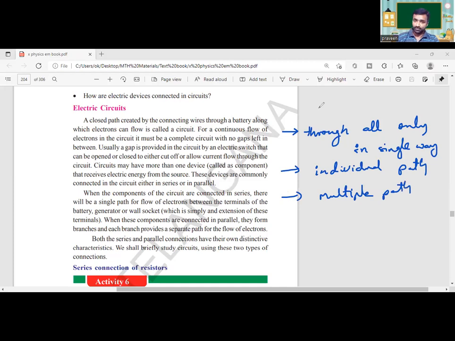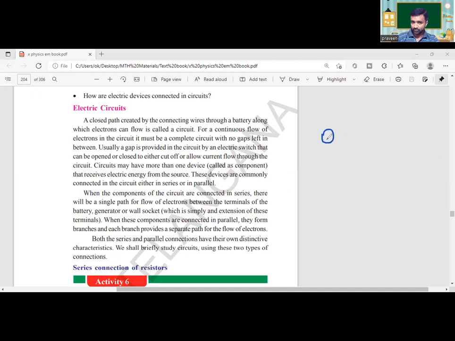Shall we check them once? Here I have three bulbs. How can I connect them with only a single path allowed from the battery using one switch? I am connecting like this.